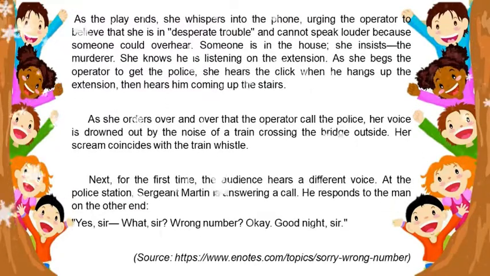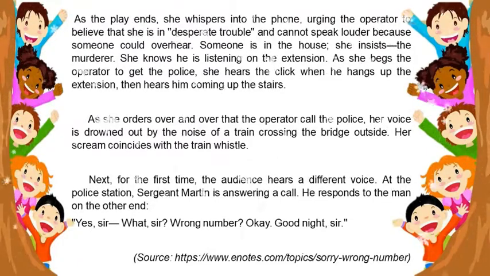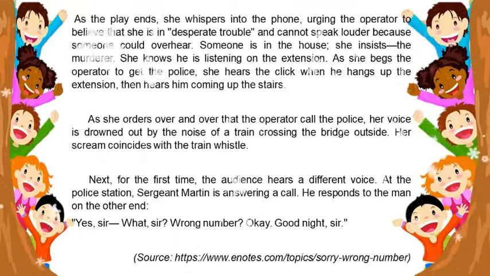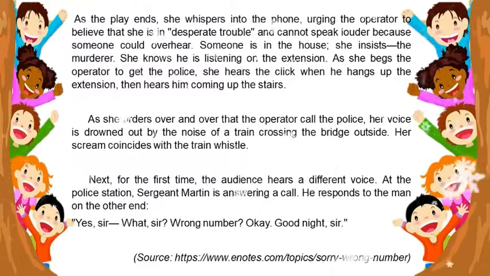As the play ends, she whispers into the phone, urging the operator to believe that she is in desperate trouble and cannot speak louder because someone could overhear. Someone is in the house, she insists. The murderer. She knows he is listening on the extensions.